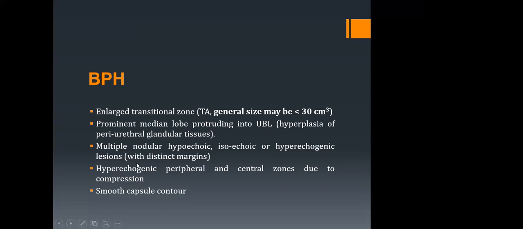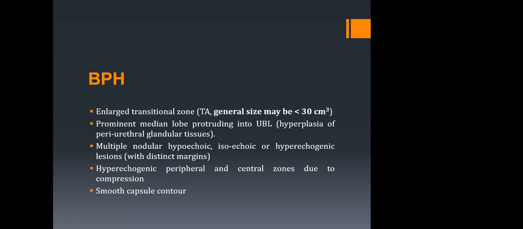And you may see multiple hypoechoic or isoechoic lesions within its parenchyma, just like we have seen in a few images above. Or because it is enlarged, the peripheral zone and the central zone are compressed by the transitional zone. So the peripheral and central zones become hypoechogenic.